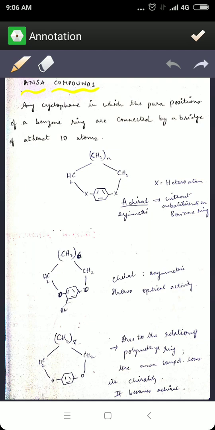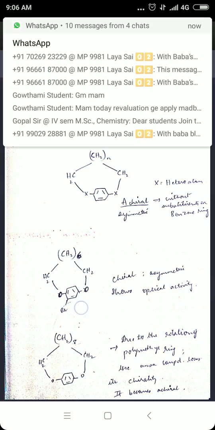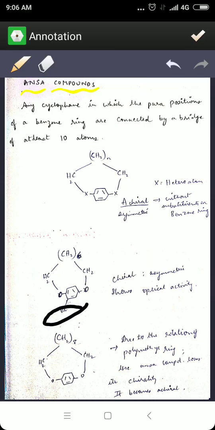Now moving on to the chirality. Chirality arises in an ANSA compound when there is a substitution at the meta or ortho positions. Here there can be one or two substitutions, and so on. But whenever there is even one substitution on the benzene ring, there is going to be chirality.